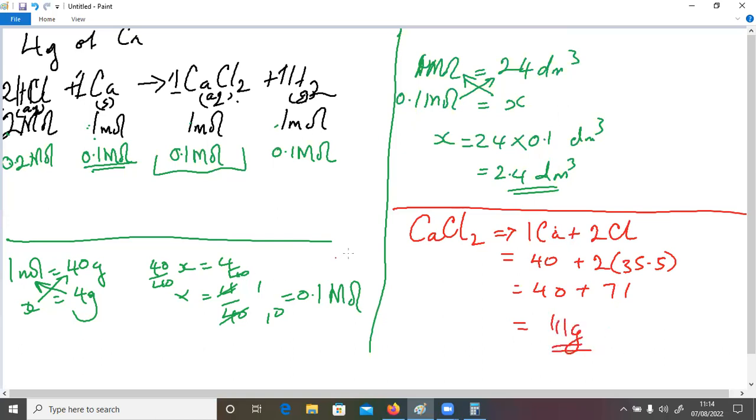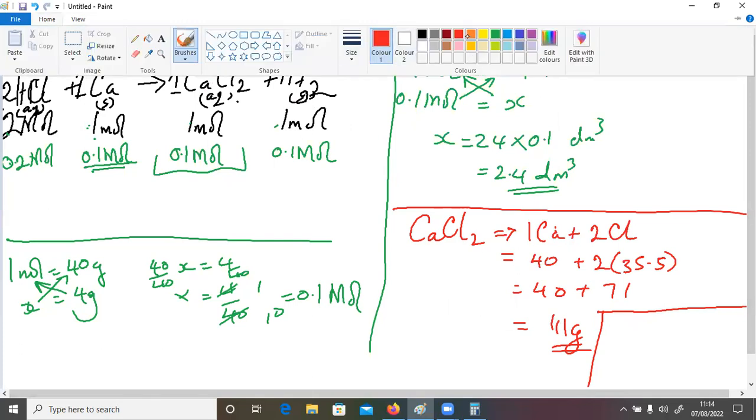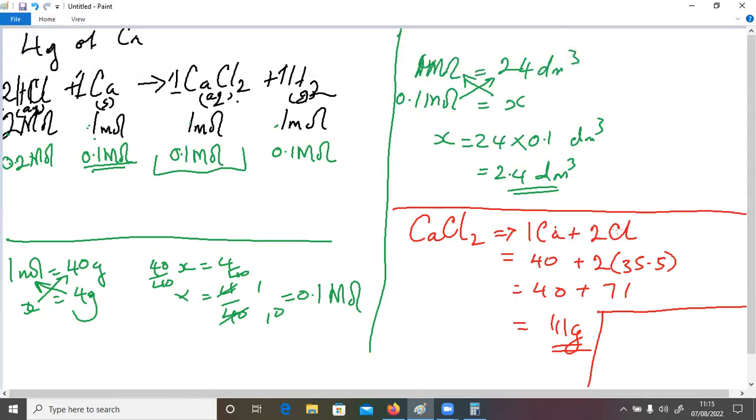So the next step of the equation is that if 1 mole of calcium is equal to 111 grams, what about 0.1 mole? Because that's what I have right there. 0.1 mole is equivalent to x.